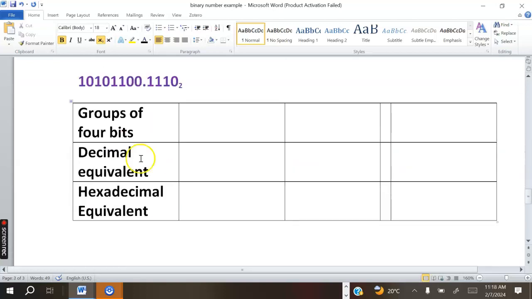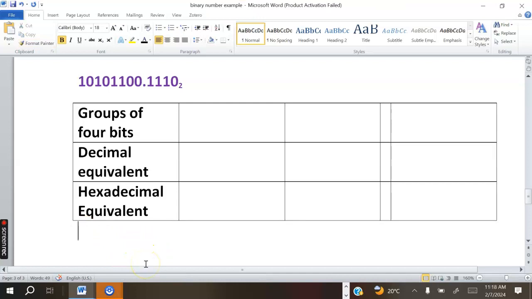Now for your exercise, you can try to practice with this one. Group it in groups of 4, and if they are not enough, add another 0, following the rule that I've already highlighted to you. And you should get this as the answer to confirm whether you have done the right thing.